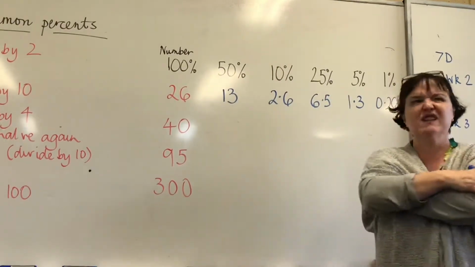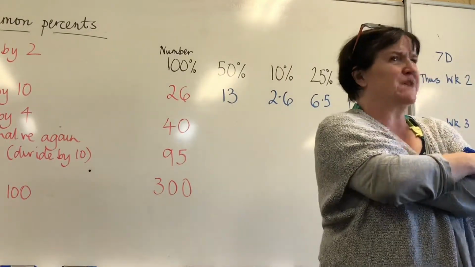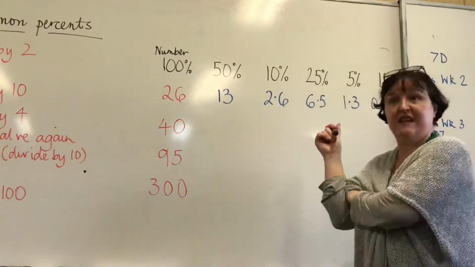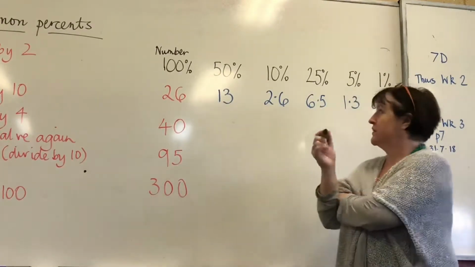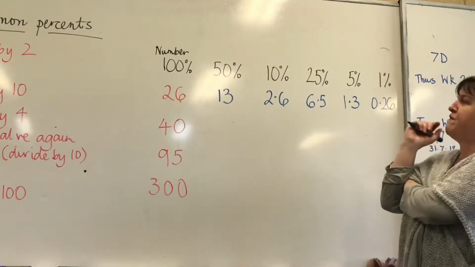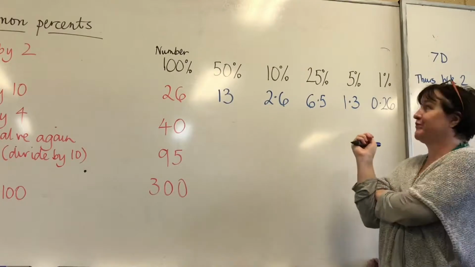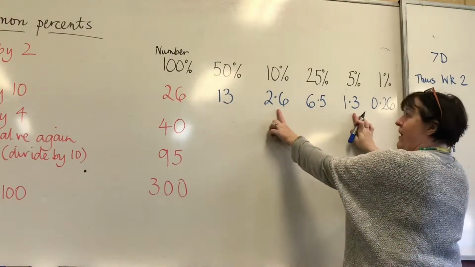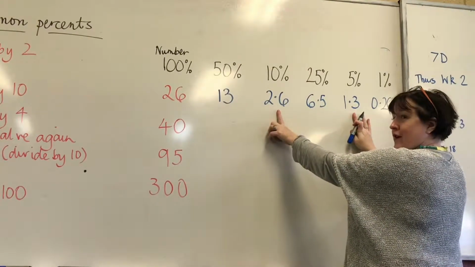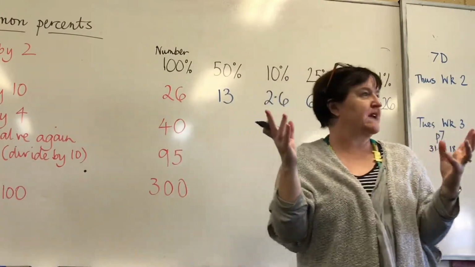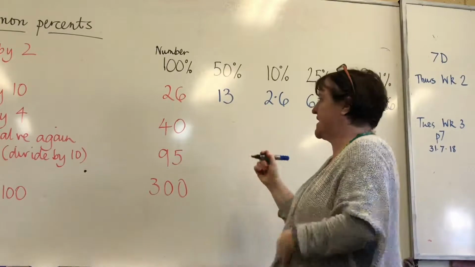Now, if I'd said to you, find 51% of 26, you'd have probably thought, I don't know how to do that. But because you've done this, you can find it, can't you? What would 15% be? 3.9. Well done. Great. So we're doing all this really quite complicated maths, but it's actually quite easy because we've done this.